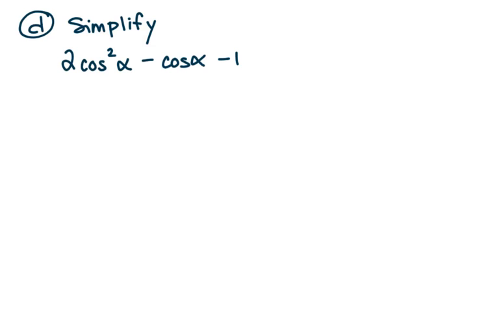Well, we have a quadratic term, a linear term, and a constant term. What we might recognize here is that this is in the form of a standard form quadratic, similar to ax squared plus bx plus c. Quadratic, linear, constant.